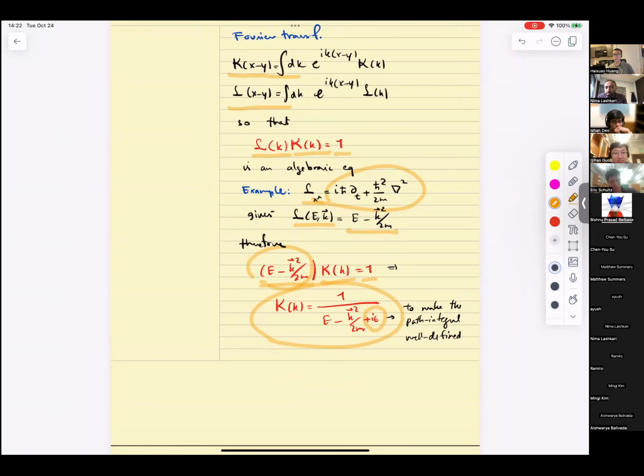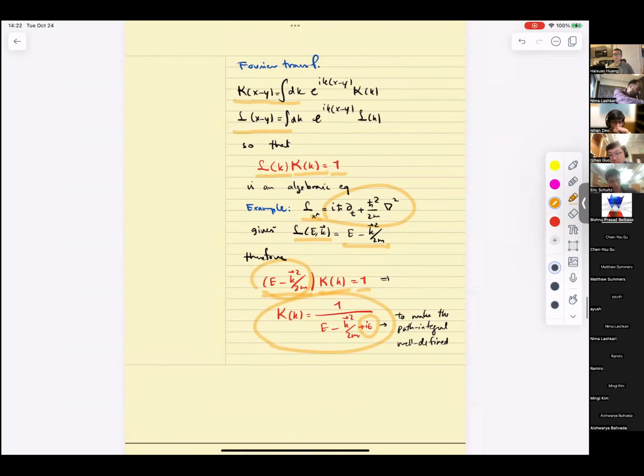Any questions? Again, the key idea is Fourier transform. The reason we do Fourier transform is that it will turn our differential equations into algebraic equations, and then inversion is just obvious. Good? All right. Any questions?